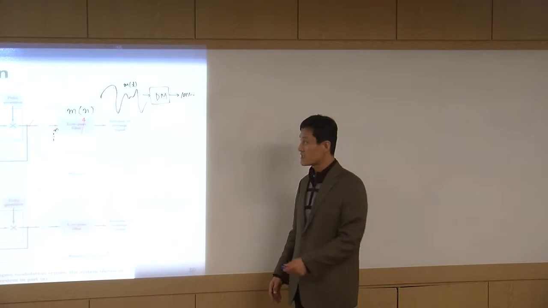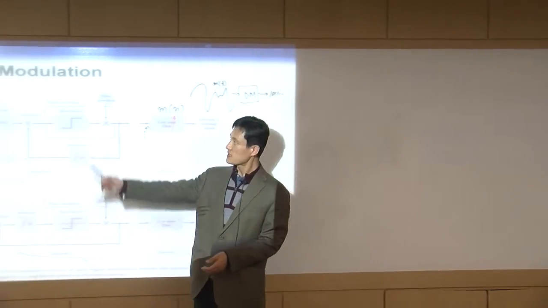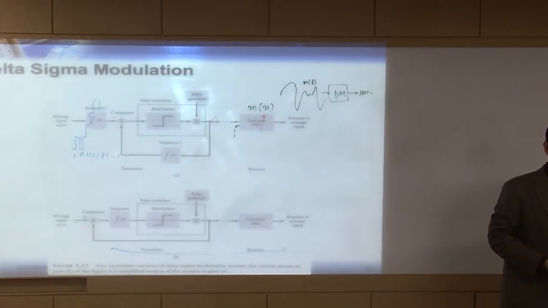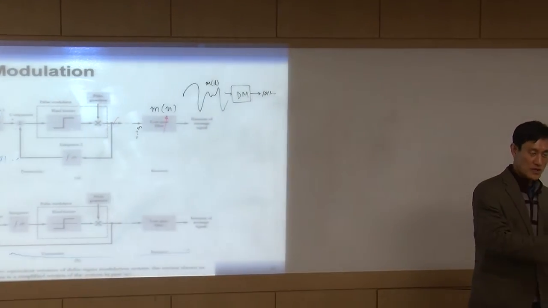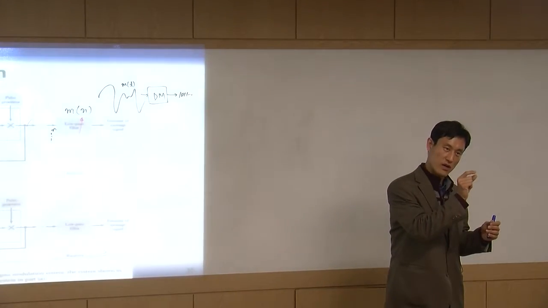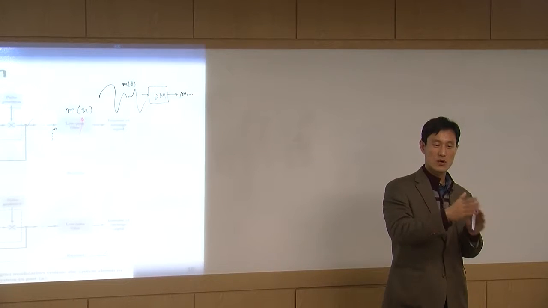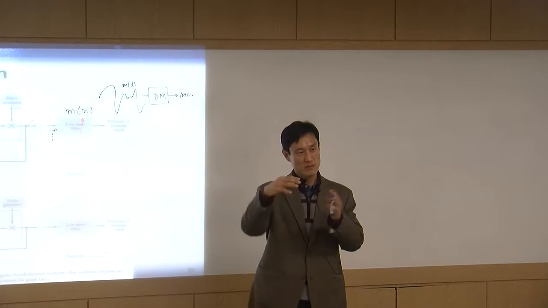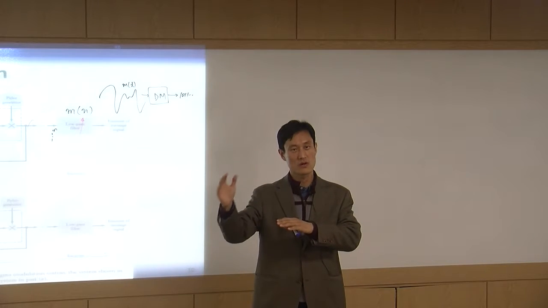There's also delta sigma modulation. It is almost the same as delta modulation. The difference is that in delta modulation, the transmitter is just calculating the delta and changing it to 0, 1, 0, 1. The receiver will use an accumulator to put them together and reconstruct the signal.